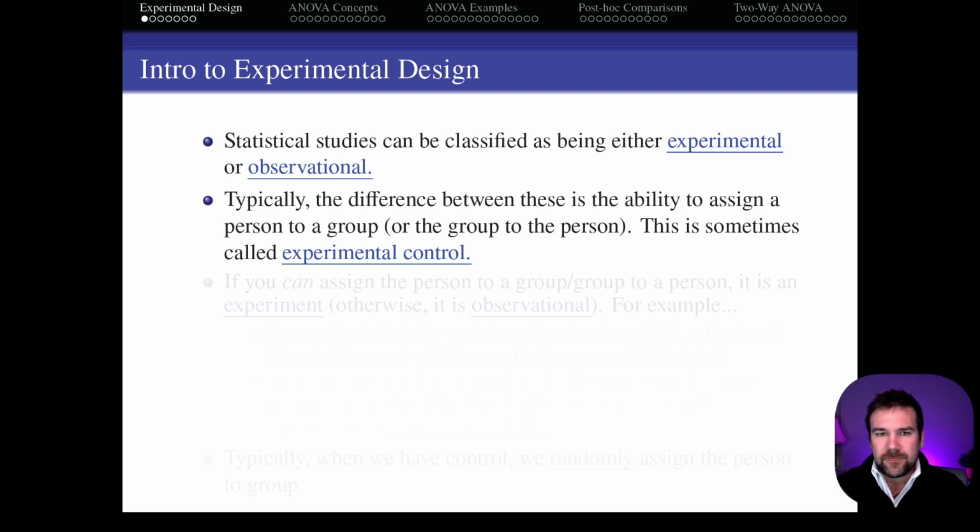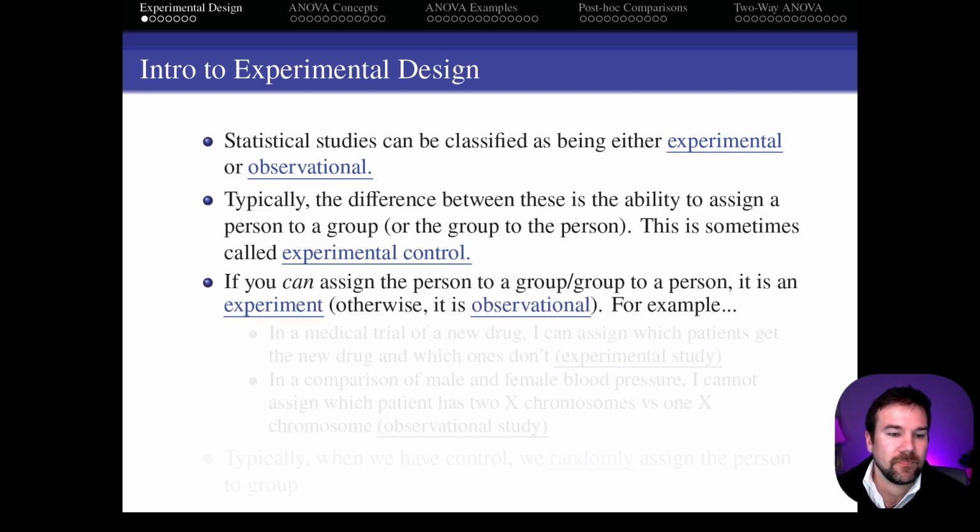And if I can control which clients go to which marketing campaigns, then we would call that an experiment because I have that level of control. So if you do have this, it's typically considered an experiment. If you don't have this, typically we say it's observational.